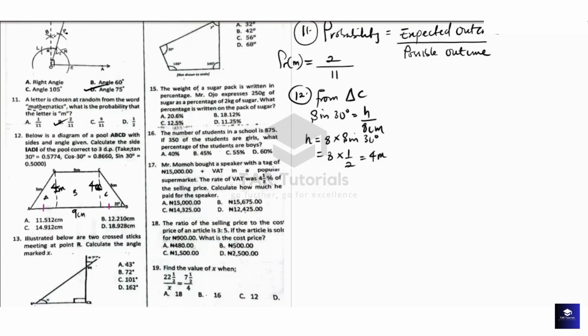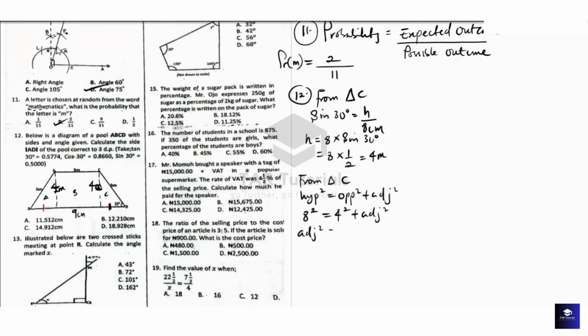From here, we can now make use of Pythagoras theorem to get the third side. Then we add all of them together. So we still say from triangle C, we are looking for the down part, which is the adjacent. And we know hypotenuse squared is equal to opposite squared plus adjacent squared. Hypotenuse here is given as 8 centimeters. So you have 8 squared. Opposite is given as 4 squared, plus adjacent squared.